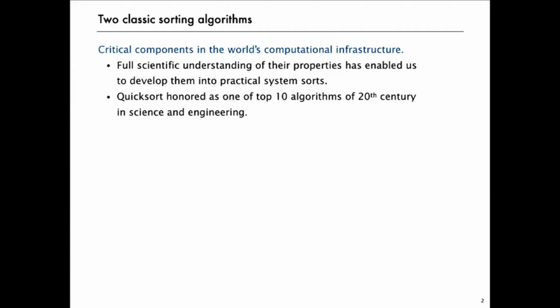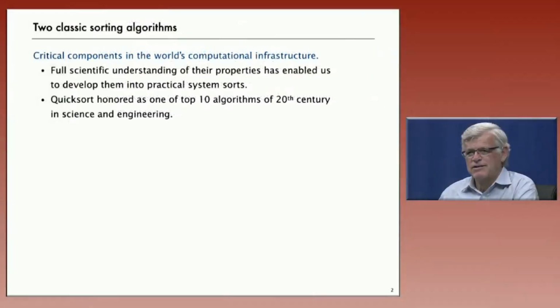Welcome back. Today we're going to look at merge sort, which is one of 2 classic sorting algorithms that are critical components in the world's computational infrastructure. We have a full scientific understanding of the properties of these algorithms, and they've been developed as practical system sorts and application sorts that have been heavily used over the past 50 years.